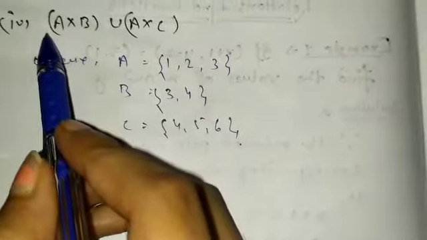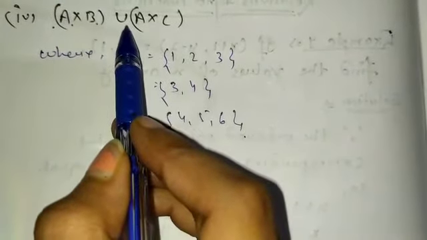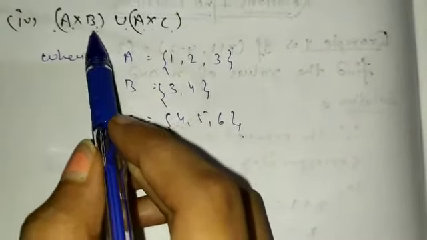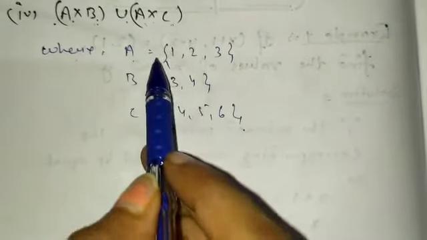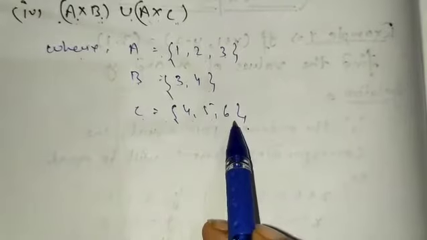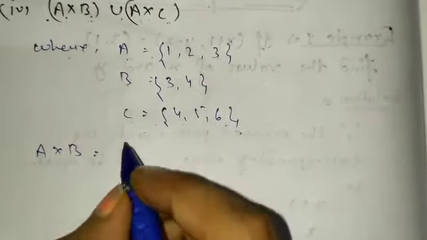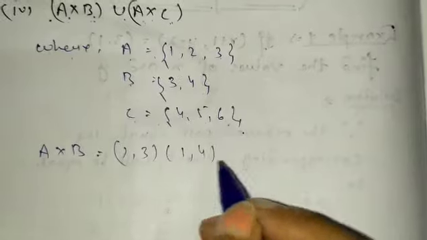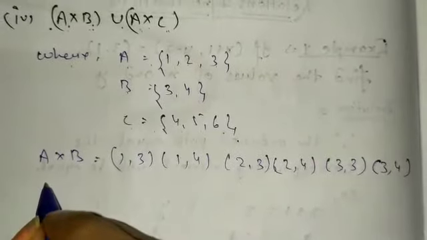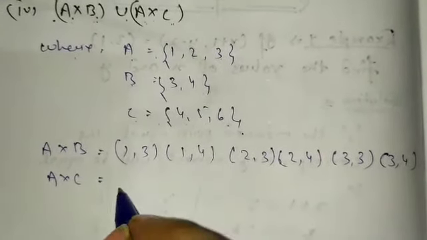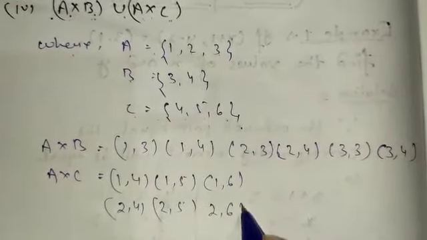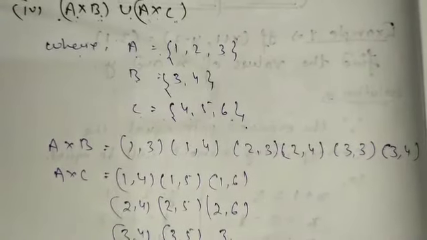Fourth, find set A into B union set A into C. So first of all, in this case, let's find A into B and A into C, where set A includes elements 1, 2, 3, set B includes 3, 4, and set C includes 4, 5, 6. So A into B will equal (1, 3), (1, 4), (2, 3), (2, 4), (3, 3), (3, 4), and similarly A into C will equal (1, 4), (1, 5), (1, 6), (2, 4), (2, 5), (2, 6), (3, 4), (3, 5), (3, 6).